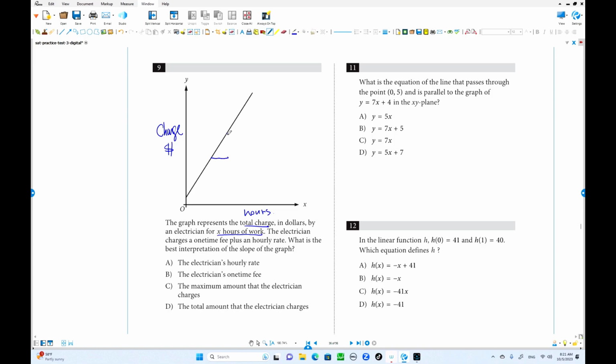Slope is what? The number increases by 1 unit. 1 unit is 1 hour. This number is called the slope. When 1 hour increases, the hourly charge increases. That is the hourly rate. That's right.